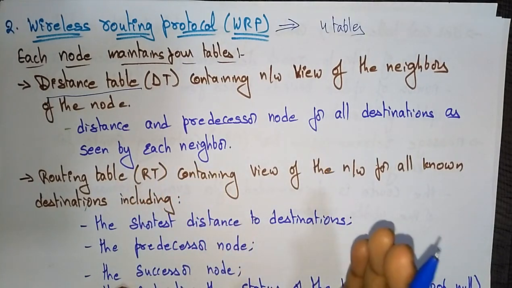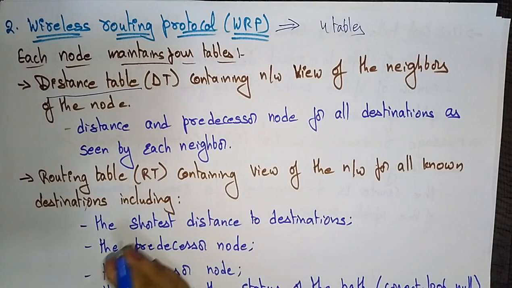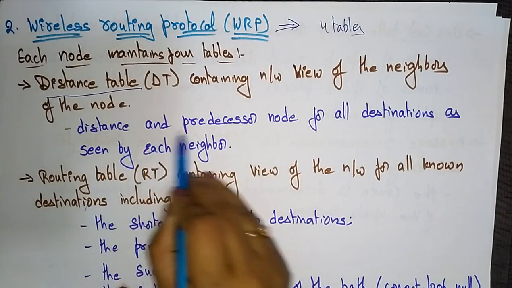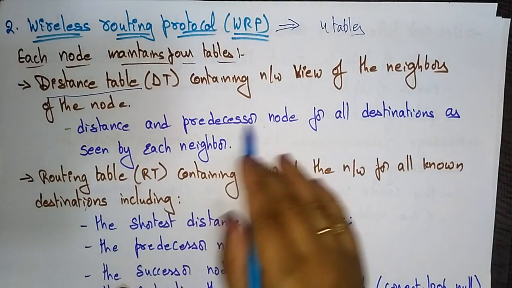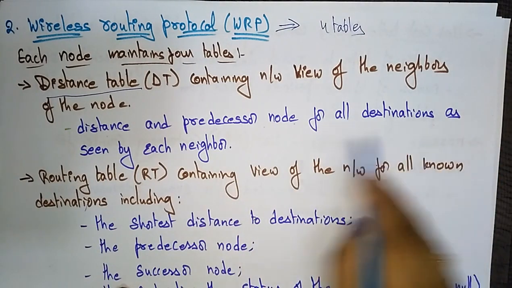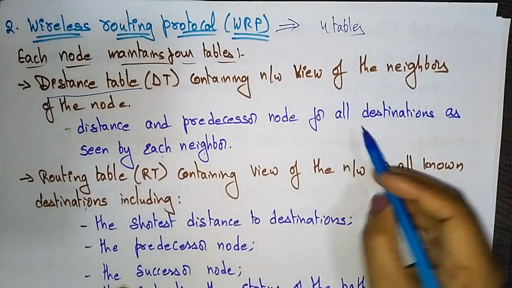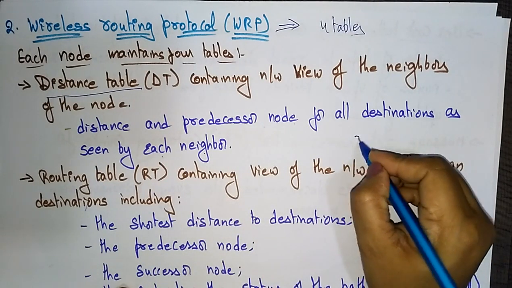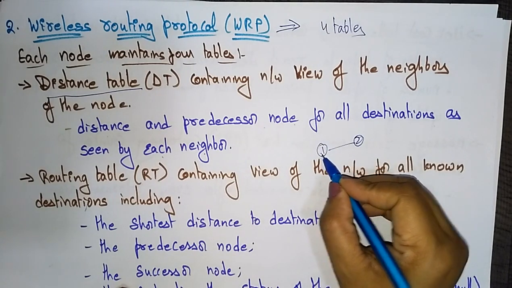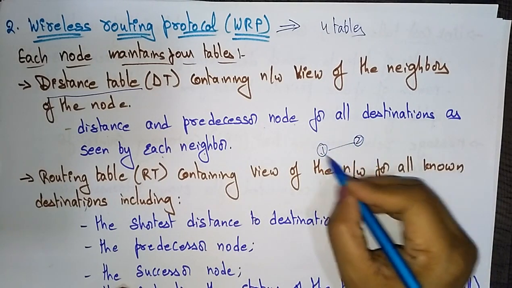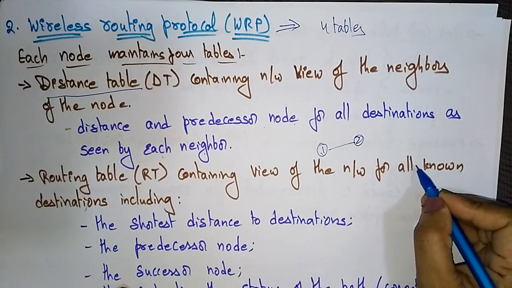Suppose this node is 2 and the predecessor is 1. Here the distance and the predecessor node are kept for all destinations as seen by each neighbor.